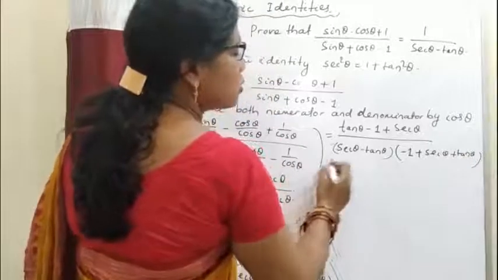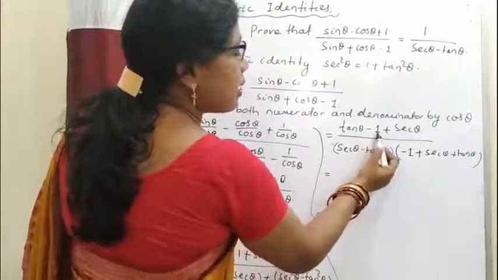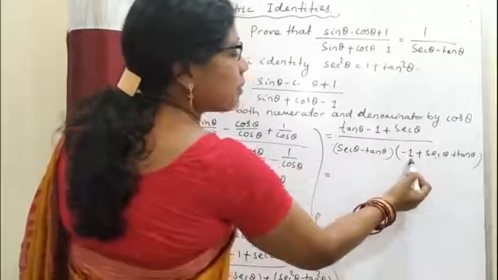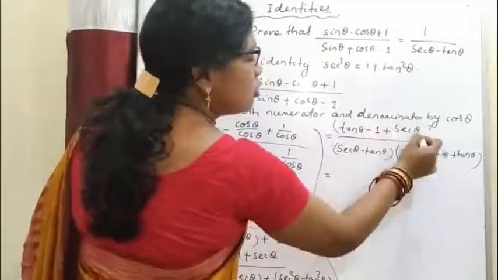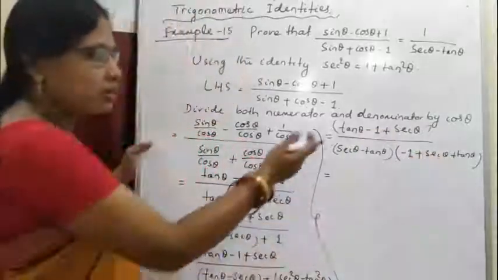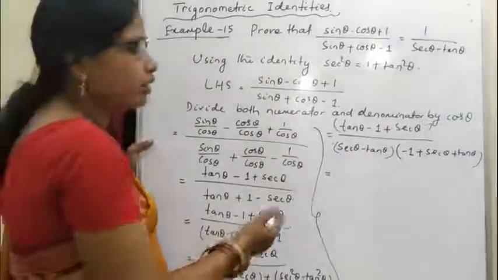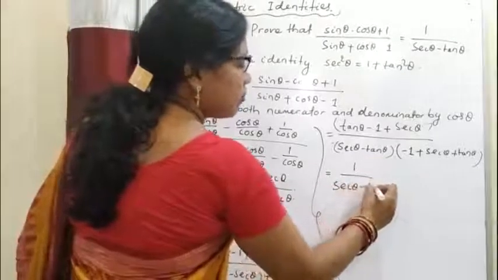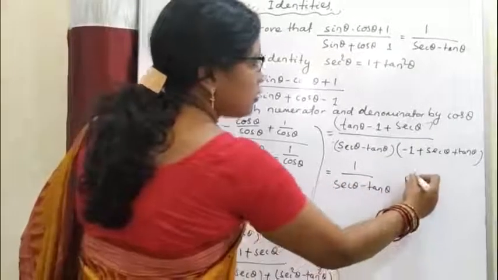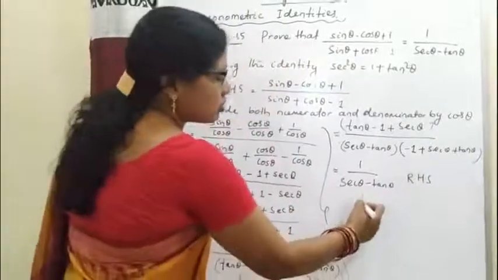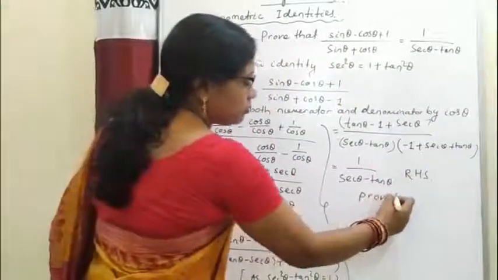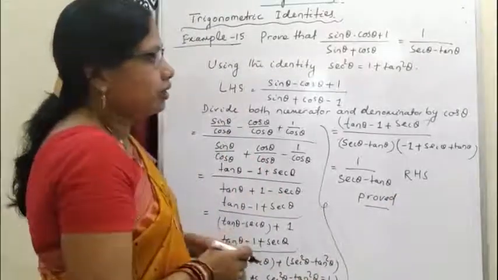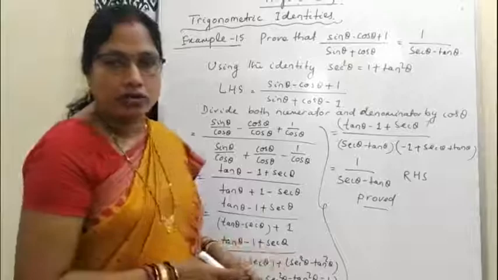So here tan theta minus 1 plus sec theta, and here tan theta plus sec theta minus 1. These two terms can be cancelled because they are present in both numerator and denominator. So that is equal to 1 by (sec theta minus tan theta). So this is our right hand side, so this is proved. In this way you can use the identity to solve problems.